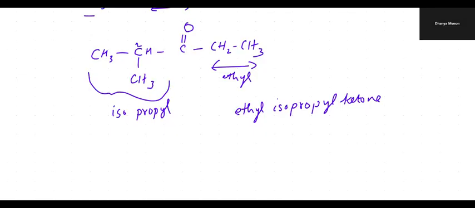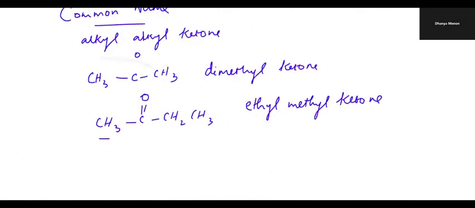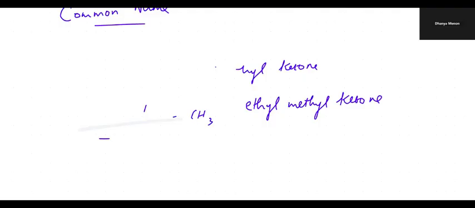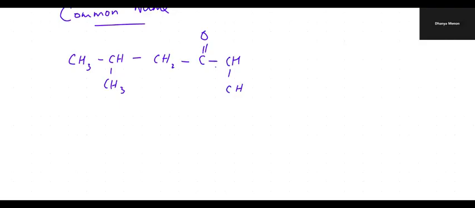Now, coming to the next question. Here also I'm discussing that all these names are common names, alkyl alkyl ketone. Again, if I give a question like this, CH3CH(CH3)CH2, C=O, CH(CH3)CH2CH3.